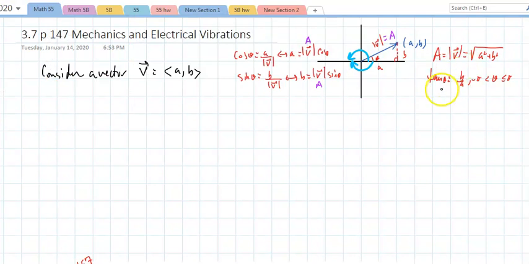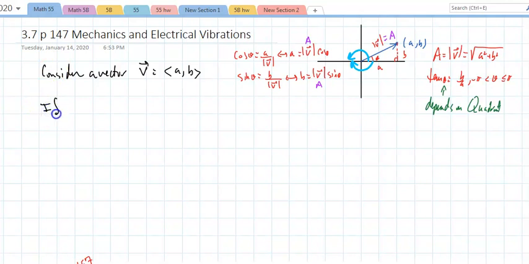And we all know that theta depends on which quadrant you're in. So keep that in mind and it should be fine.